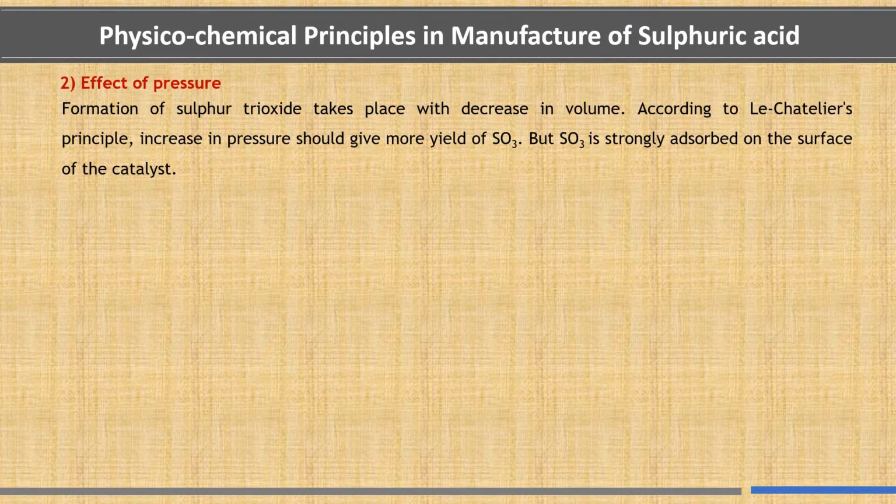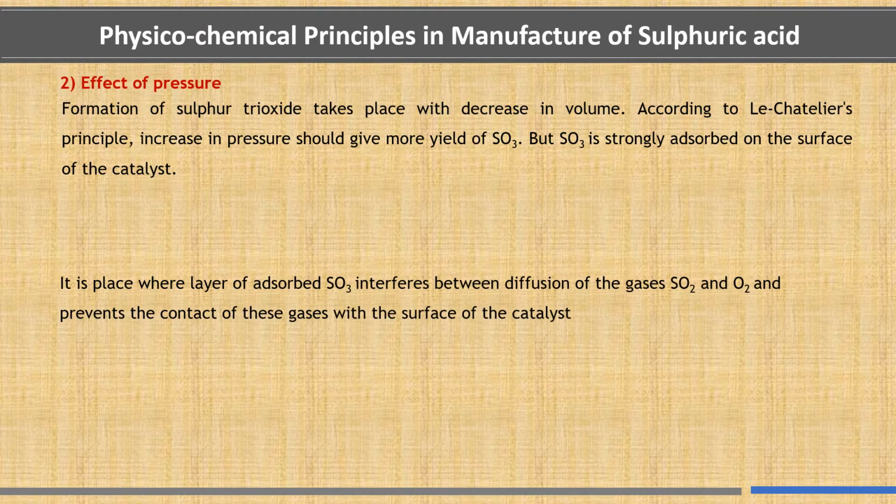According to Le Chatelier's principle, increase in the pressure should give more yield of SO3, but SO3 is strongly adsorbed on the surface of the catalyst. The layer of adsorbed SO3 interferes with the diffusion of the gases SO2 and O2 and prevents the contact of these gases with the surface of the catalyst.